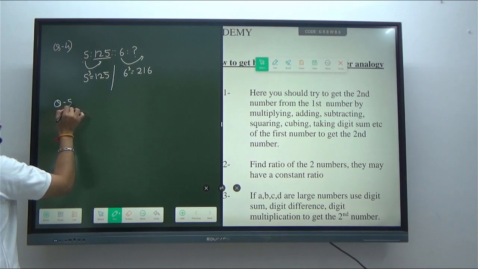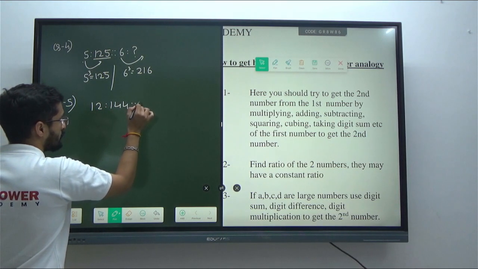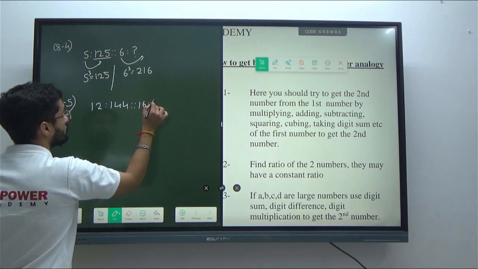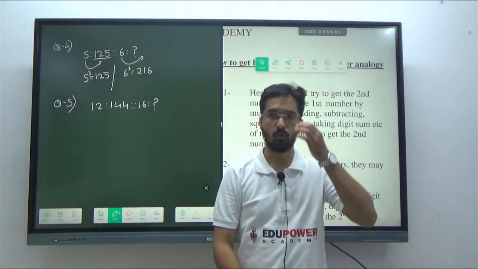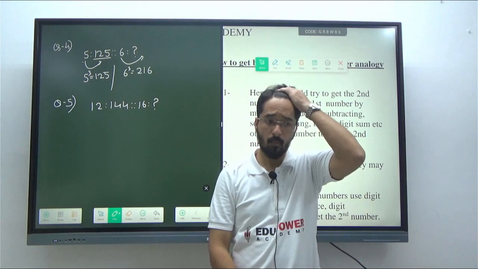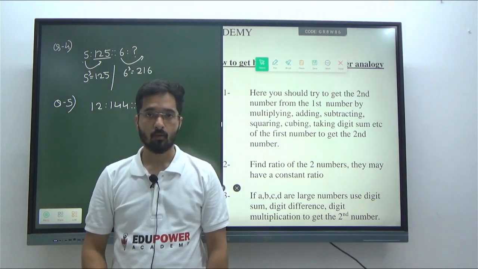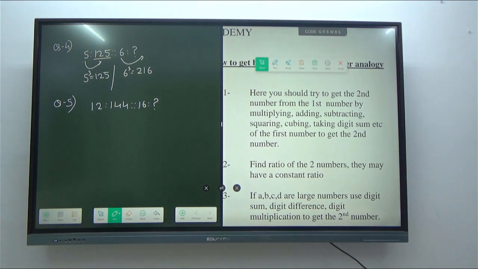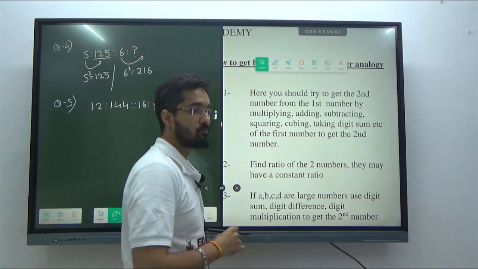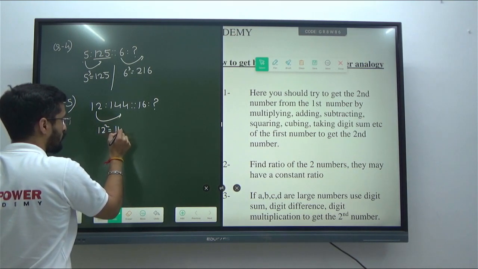Likewise, there can also be a question of squares. Suppose 12 is to 144, so 16 is to what? We know that the square of 12 is 144.